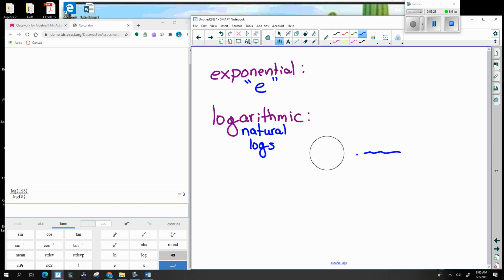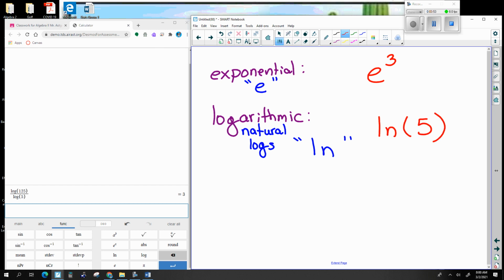How it's written is ln. So an exponential would be like e to the 3 or something like that. Or you would see a natural log as the ln of 5. That's how these things are written.